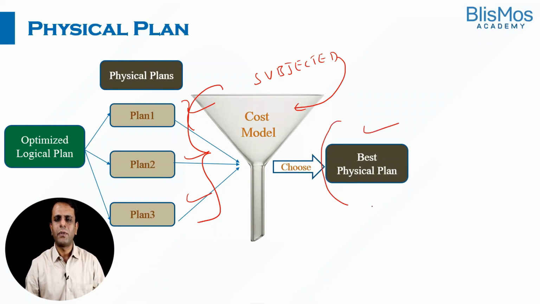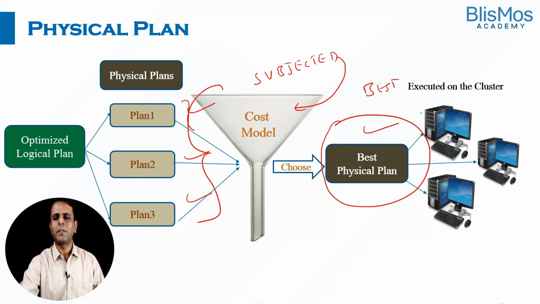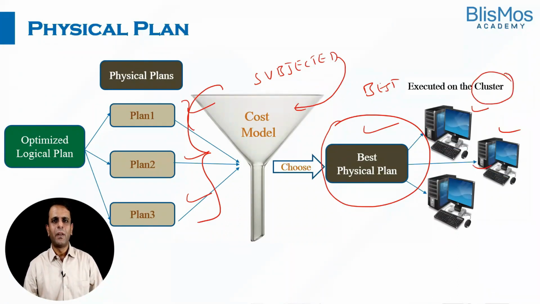After the best physical plan is chosen, that is the one which gets executed across the different executors in a cluster. Isn't it wonderful? We understood how the execution of a structured API happens, right from user code till the execution of the code across the different executors in a cluster.